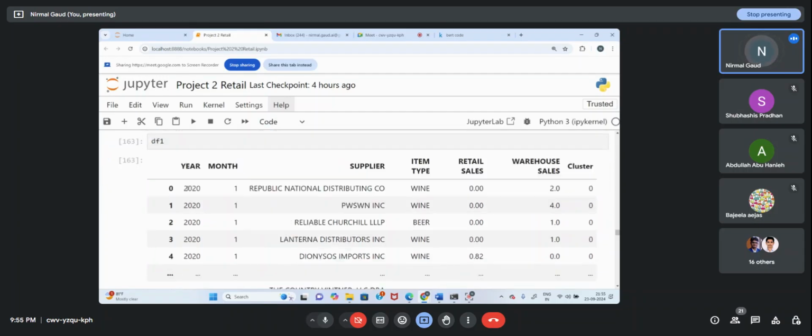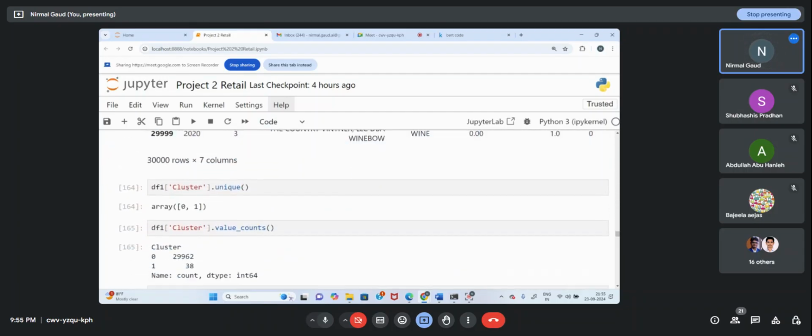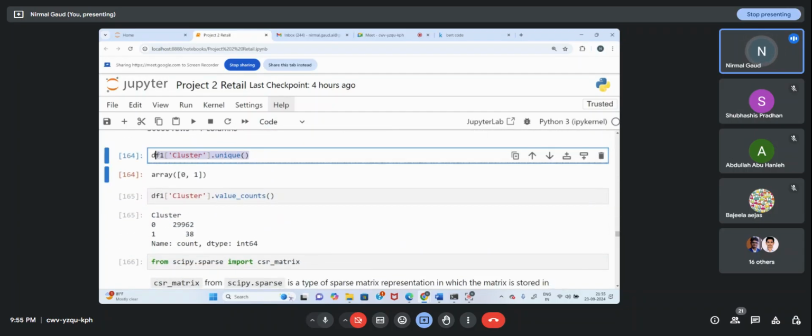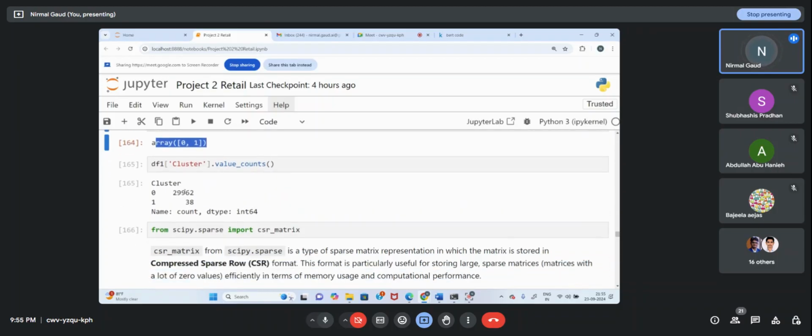Here I printed my data frame and found that yes, there are two unique values of cluster, 0 and 1, because we have divided the data into two parts. And I checked the value counts. About 29,000 are coming in one group only. The rest, very minimum, 38, are in cluster 1. That means only 38 points are in cluster 1. The rest all 29,000 are in cluster 0. This is what I'm getting.